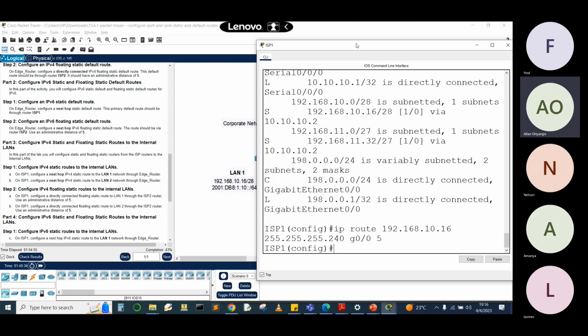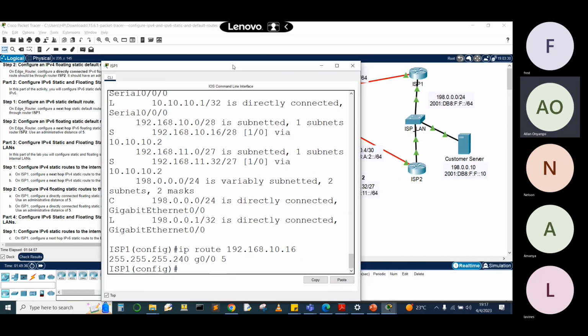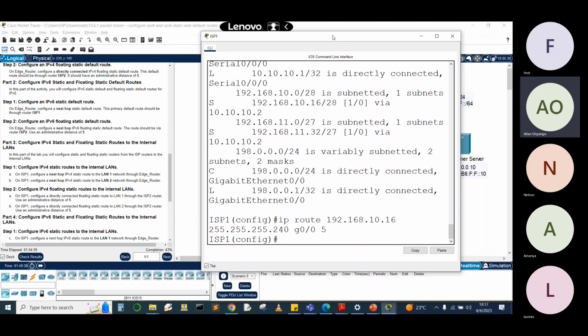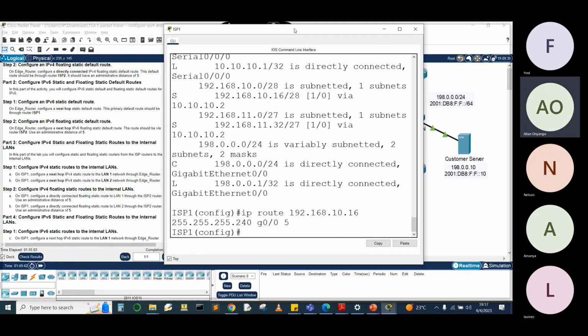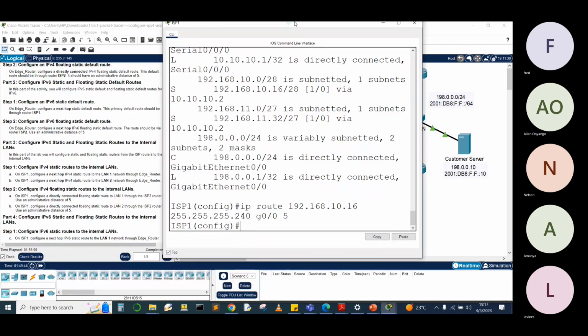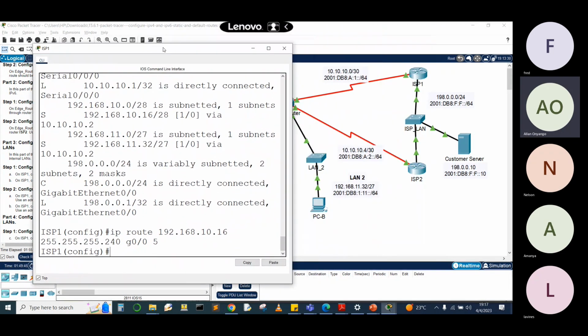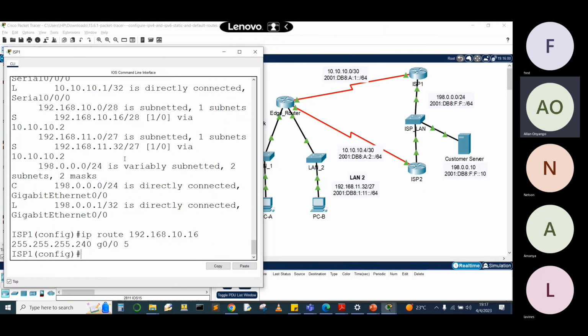And I need to do the same thing for LAN 2 passing through ISP2. And we are still doing directly connected. So say IP route and put the network for LAN 2, which is 192.168.11.32.